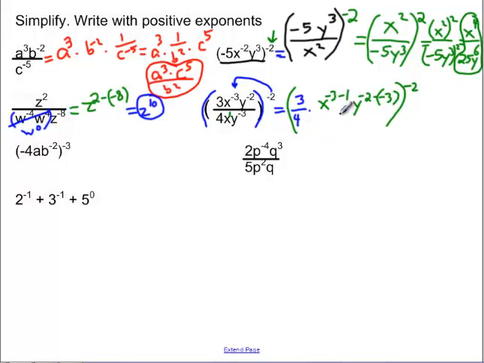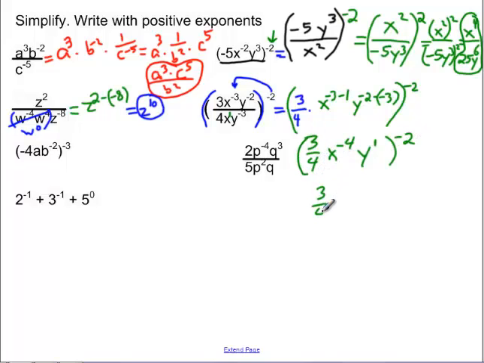Right over here in our parentheses, I'm going to write 3/4 times x to the negative 4 power, y to the negative 2 minus a negative 3, which is negative 2 plus 3, y to the 1st power, all again to the negative 2 power.